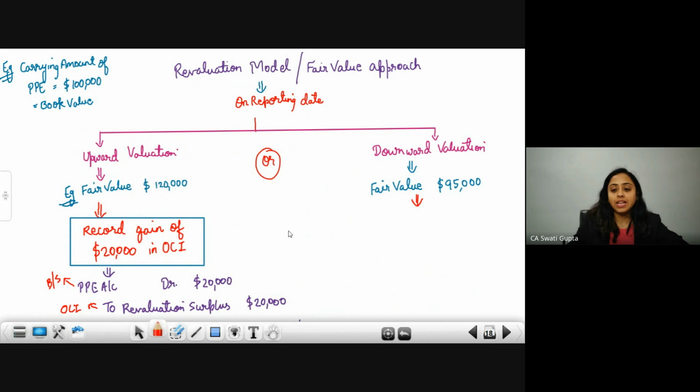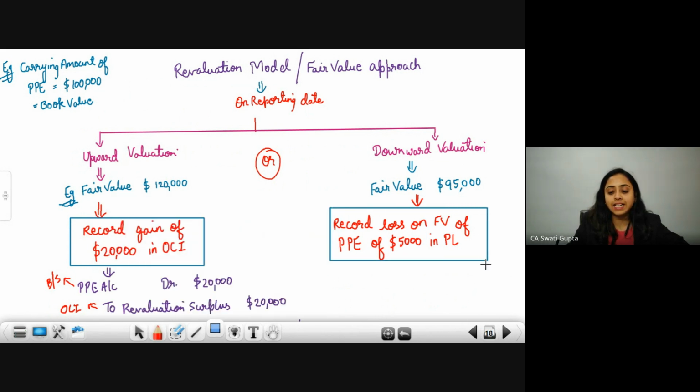The standard says to record the loss on fair valuation of PPE of $5,000 in the PL statement.